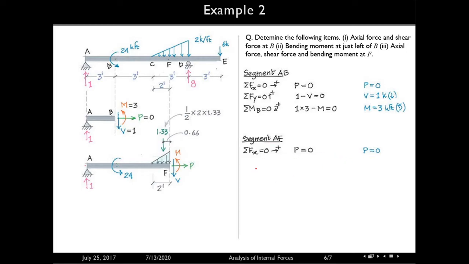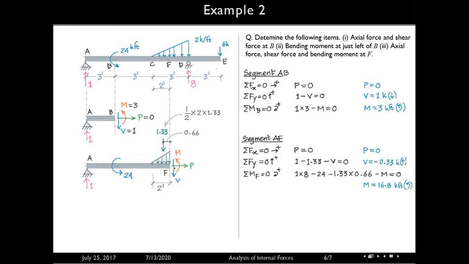After that, applying summation of Fy equals 0, starting from point A, 1 is acting upward, so this is positive 1. Then 1.33 is acting downward, so minus 1.33, and next V is acting downward, so minus V equals 0. From here we'll get the value of shear force.